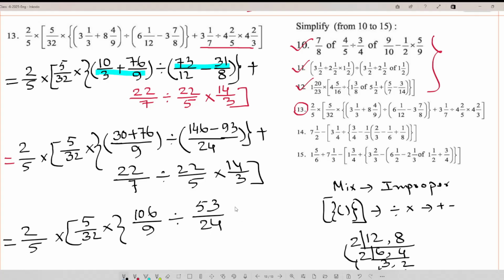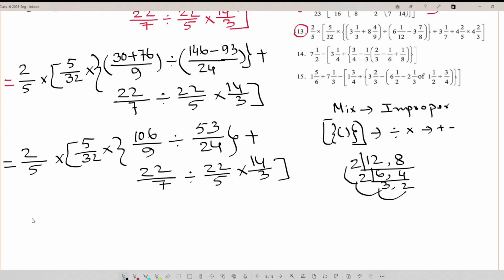First bracket work completed. Now second bracket, plus here is 22 divide 7 divide 22 by 5 times 14 divide 3. Third bracket. Now 2 by 5 times 5 by 32 times second bracket 106 divide 9.